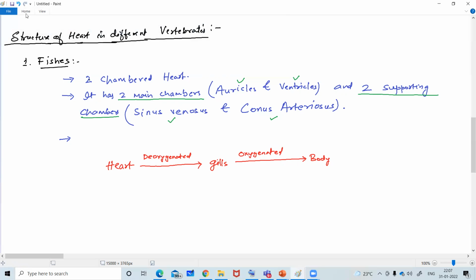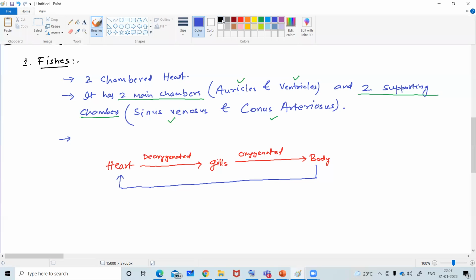And then again, from the body, it goes to the heart. So now you can understand that only deoxygenated blood is going to the heart, and the oxygenation process is going on in the gills. So gills are not a part of the heart, right? They are separate.